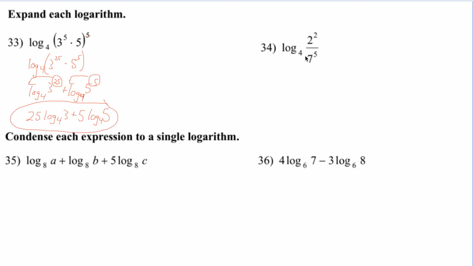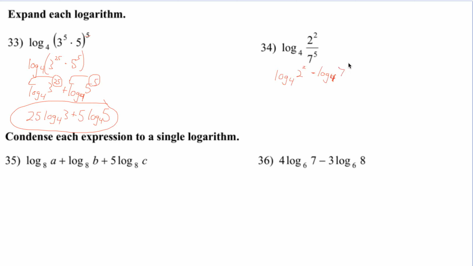Over here, we're still expanding, but now we have division. There are no exponents on the entire outside to work with, so we don't have to do anything with that. And so we know that the logarithm of a quotient can be changed to the logarithm of the numerator minus the logarithm of the denominator, as long as we make them the same base as the original.